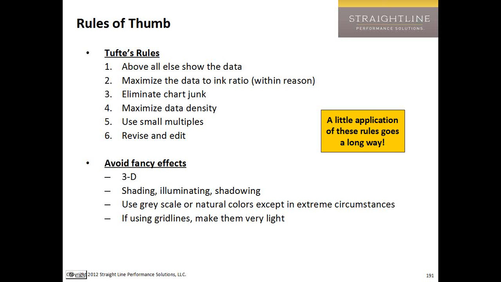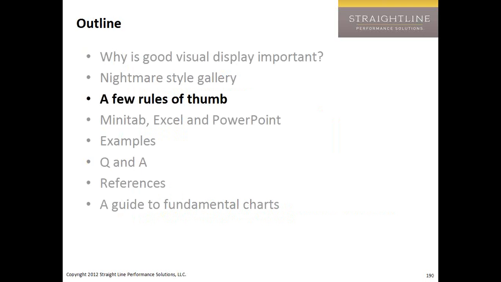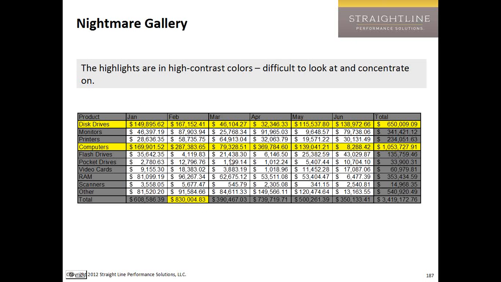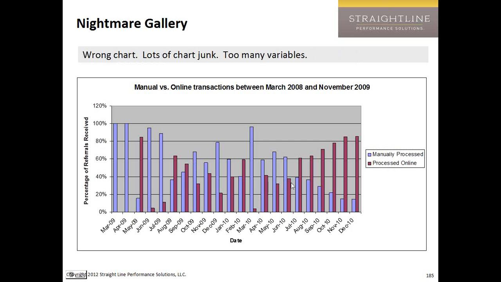Second is maximize the data to ink ratio within reason. Here's an example of something that has a lot of ink, but boy, it's really hard to understand the data. That's a good example of that. Another one that's got a lot here is this one right here.